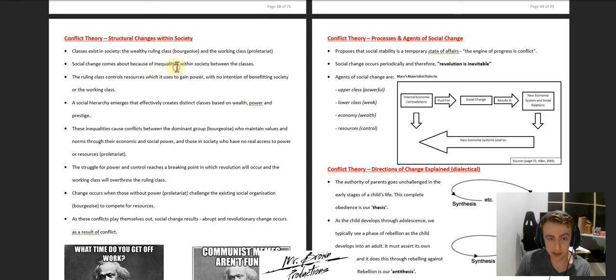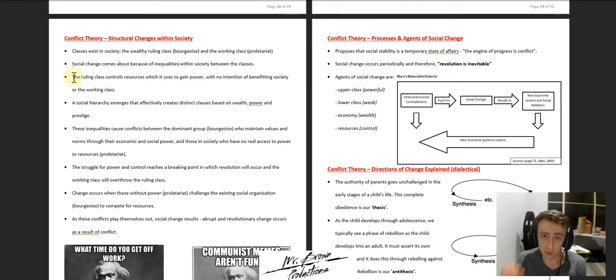Above inequalities, can you also write plus conflict? So any social change that happens in society, according to the theory, is because of the inequalities and conflicts between the ruling class, the upper class, the wealthy class, and the working class, the proletariat.